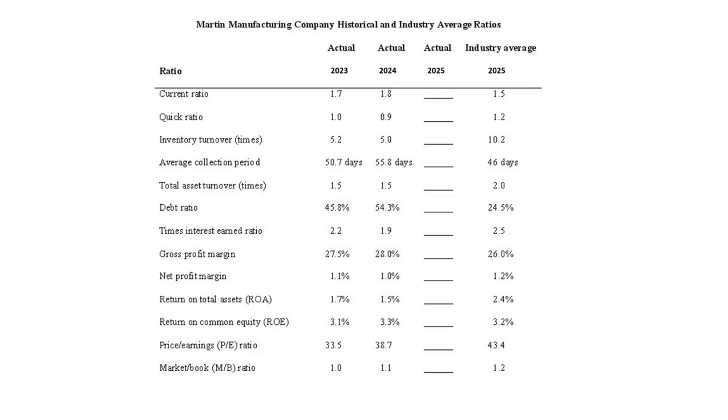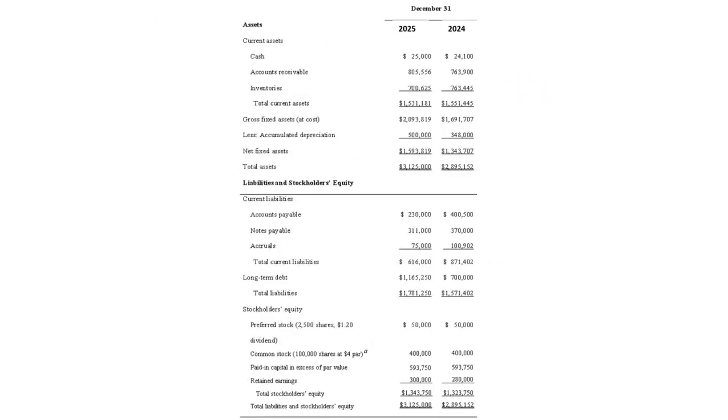Let's calculate the financial ratios for 2025. First up is the current ratio. And remember, current ratio is current assets divided by current liabilities. So if we go back and look at the balance sheet, we see that total current assets are $1,531,181. And current liabilities are $616,000.